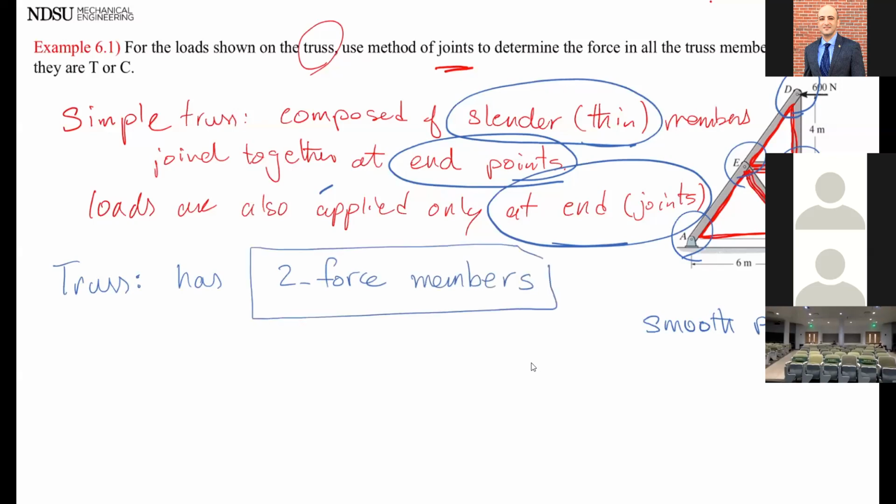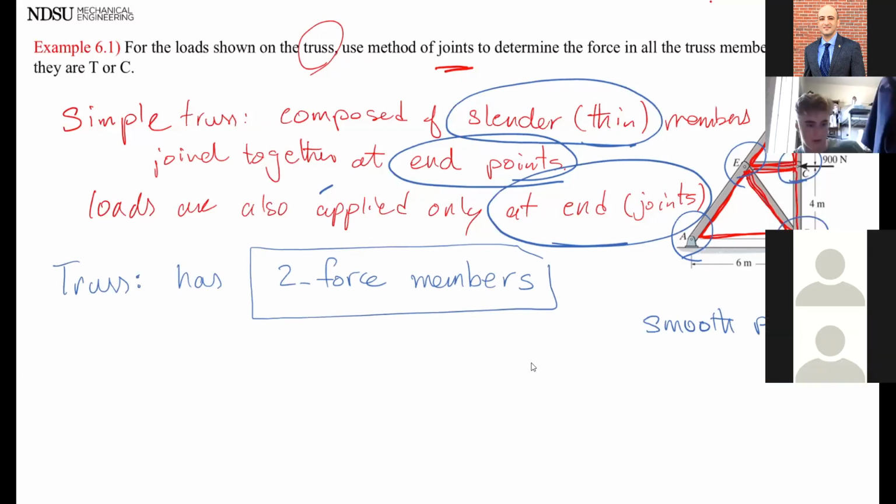You did one activity on 2 force members and 3 force members. So what is a 2 force member? A member with two forces that have the same line of action and are in opposite directions.